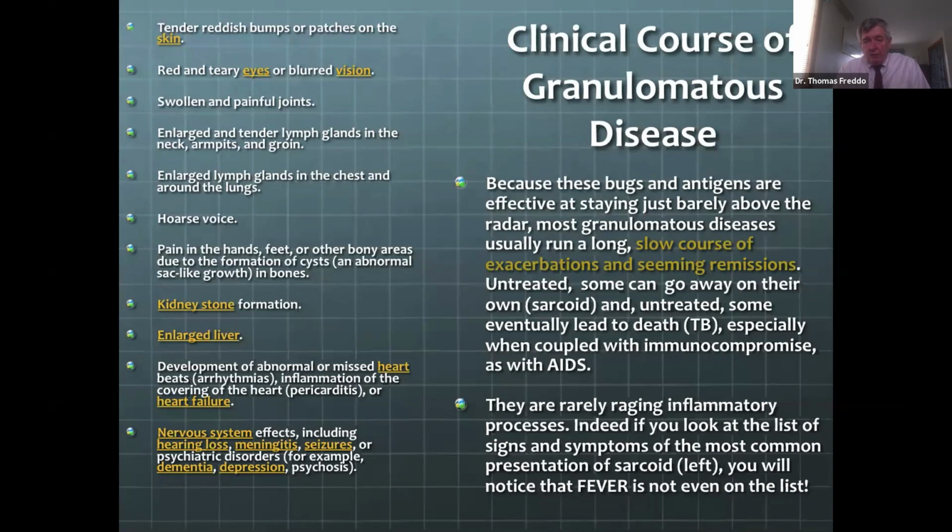So let's look at the clinical course of granulomatous disease. Because these bugs and antigens are effective at staying just barely above the radar, most granulomatous diseases usually run a long, slow course of exacerbations and seeming remissions.